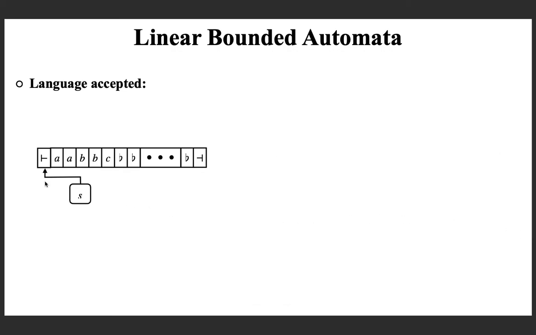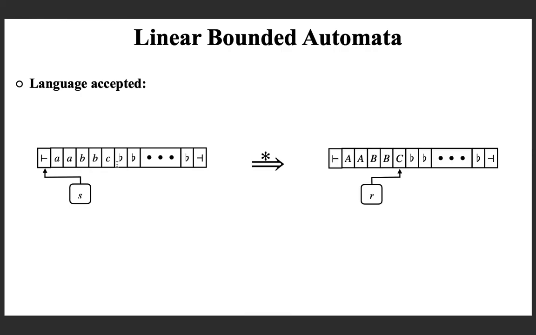Similarly, suppose you give the input, say a square, b square, c, and it eventually gets into a configuration where the state is the reject state, then you can say that it is not in the language. That is, the input string is not in the language if and only if the processing takes you to the reject state R. It is also a sink state, so you cannot move out of the state R once you get into R.